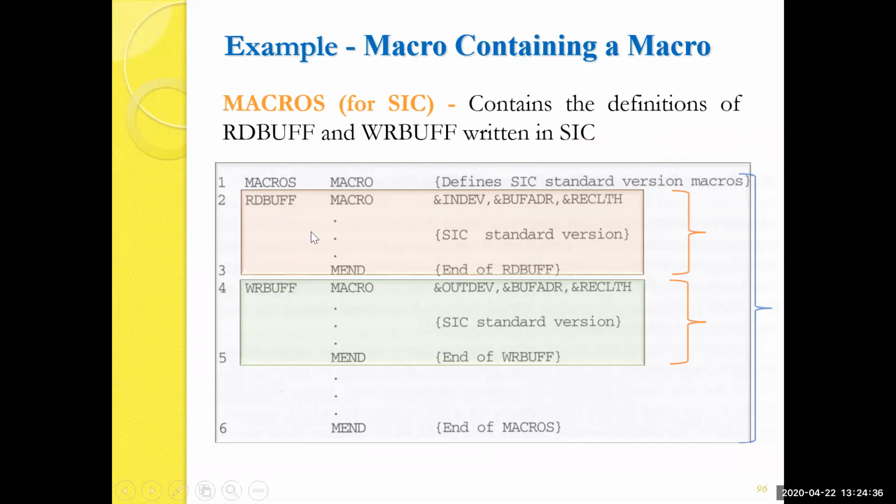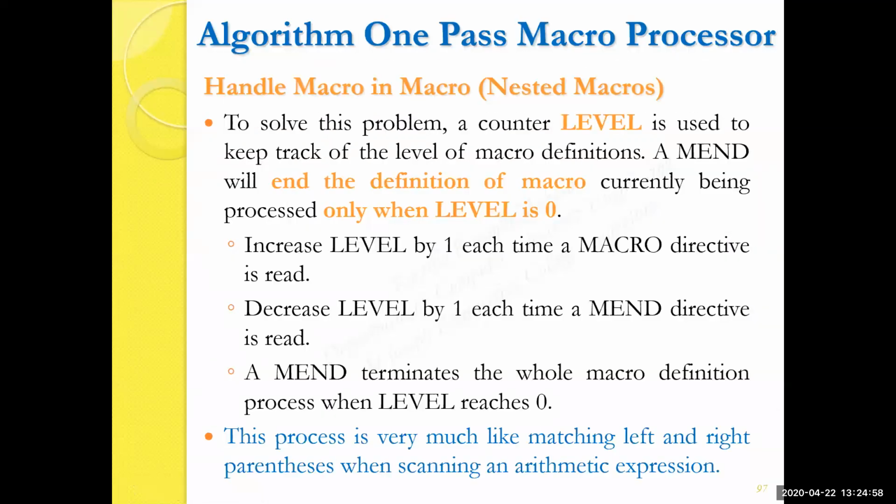During the saving of a macro into the definition table, normally statements that form the body of the macro would be entered until MEND is reached. So the MEND at line 3 should not be interpreted as an end of the macro definition for macro S. In order to handle this, a counter or a variable, namely level, is used to keep track of the levels of macro definitions.